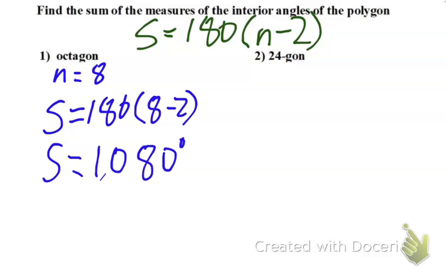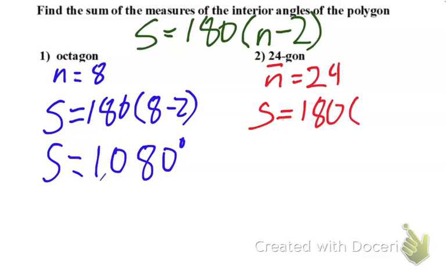Okay, so I would like you to pause the video and you do number 2. All right, let's take a look here. So on number 2, what is n? N is 24 right there. So it's a 24-gon, so n equals 24. So we're just going to take 24 and plug it into our formula. The sum is equal to 180 times 24 minus 2.